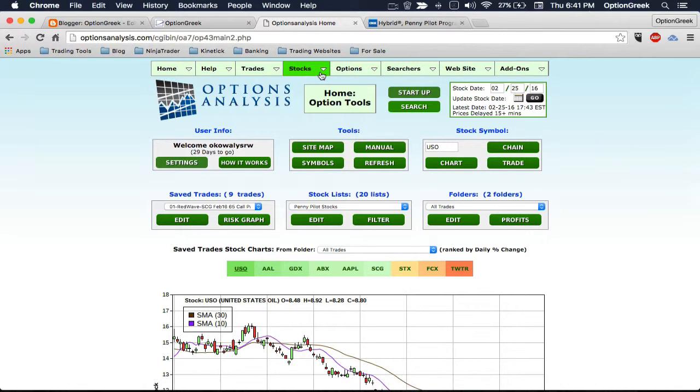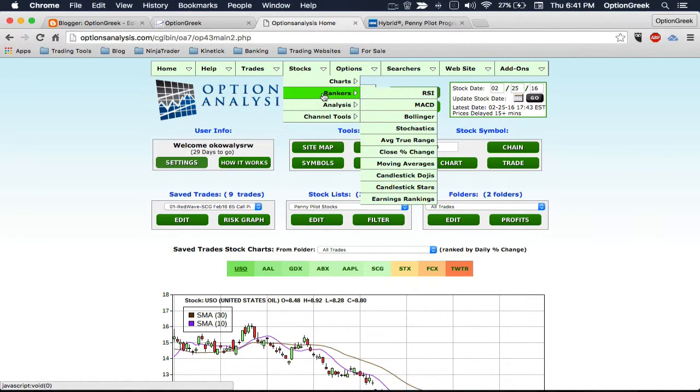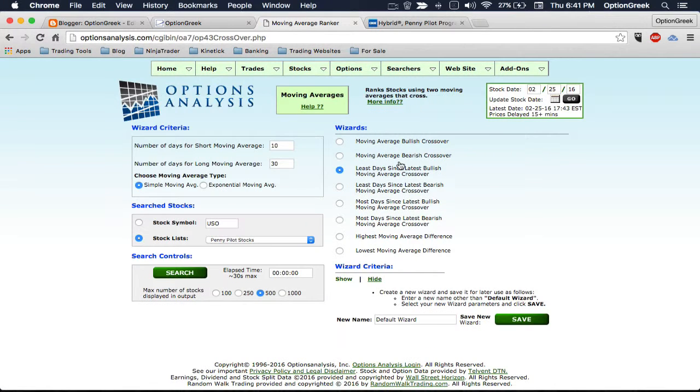So one thing we can do, once we've signed in, is go to the stock menu and look at a tool called Rankers. And in there, we're going to be looking at moving averages. Now, a moving average is just a smoothed mathematical calculation over a given number of stock prices.